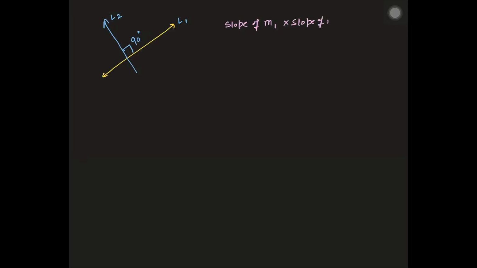So slope of m1 times slope of, I'm writing m1 here, but it should be L1 and L2. So it should be -1, the product. So let's say L1 is passing through 2 points, 5, 7 and 1, 2. And L2 is passing through a point, let's say 2, 4. Okay, so we have enough information about the slope and points.